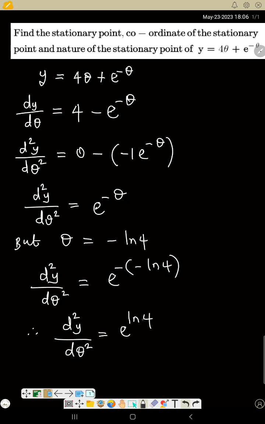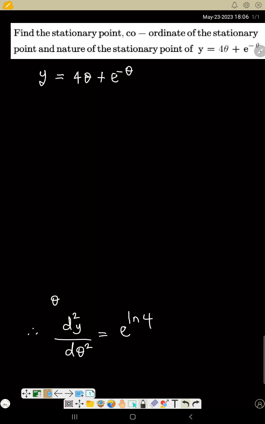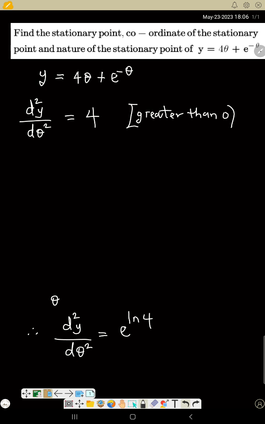And remember, we have said e raised to power ln 4 is equal to 4. So d squared y over d theta squared is equal to 4, which is greater than 0.